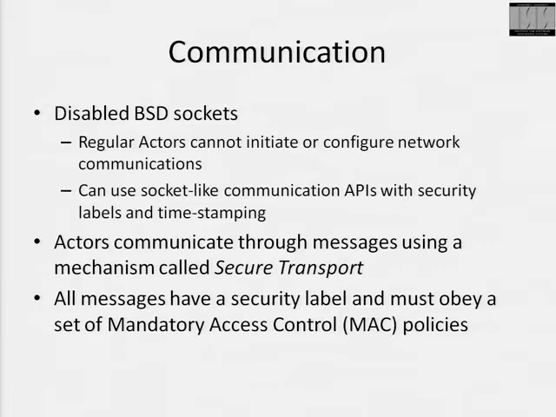So we extended it a little bit. Originally, the idea was you communicate only within an F6 network using these trusted security mechanisms. And all messages are stamped with a security label, and they have to obey some MAC policies. And again, that's you can write up or read down.